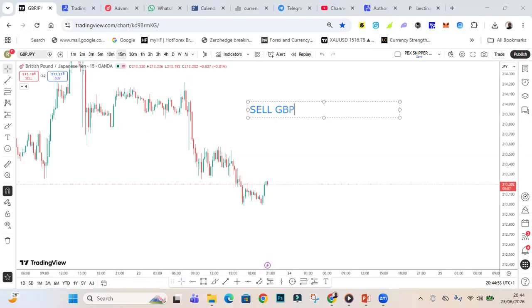Sell GBP JPY at 213.192. Okay. TP equals 35 pips. SL 19 pips.